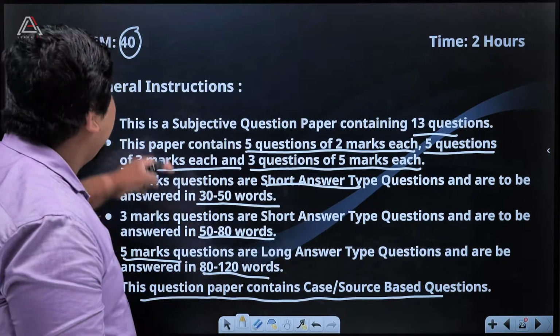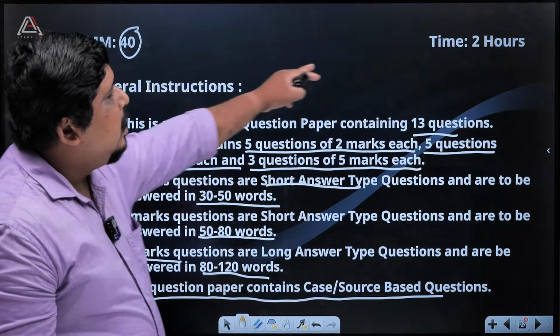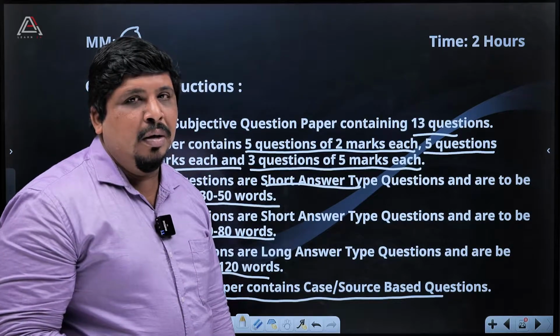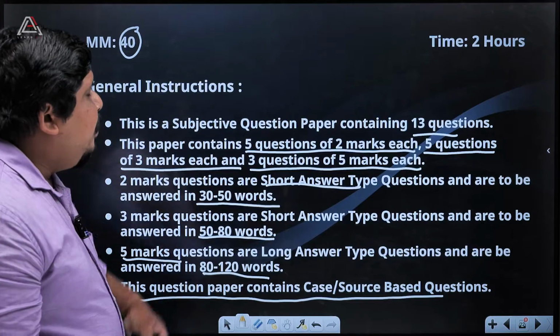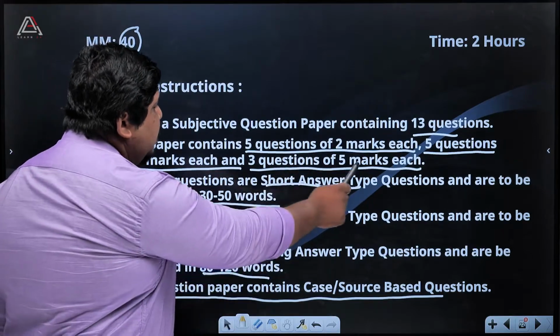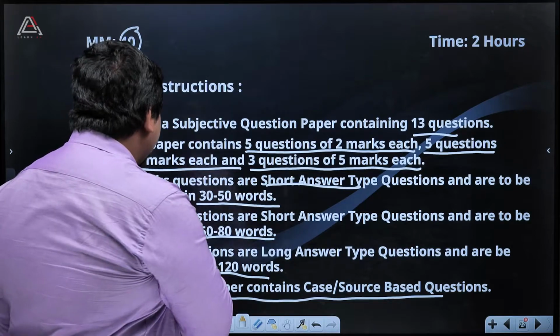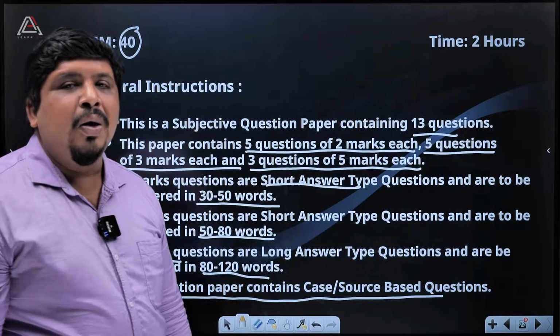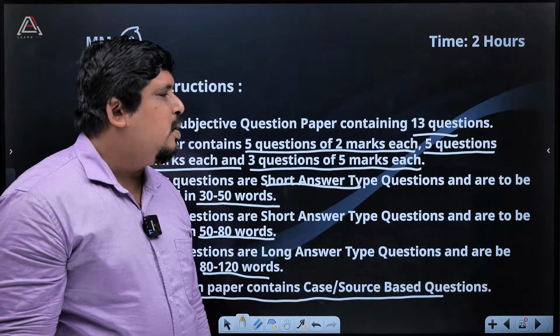Again, I am saying 40 marks, then time duration 2 hours. You will only have 2 hours. Then the 3 parts: 5 questions of 2 marks, 5 questions of 3 marks, and 3 questions of 5 marks. Total, we got a 40 marks question paper.